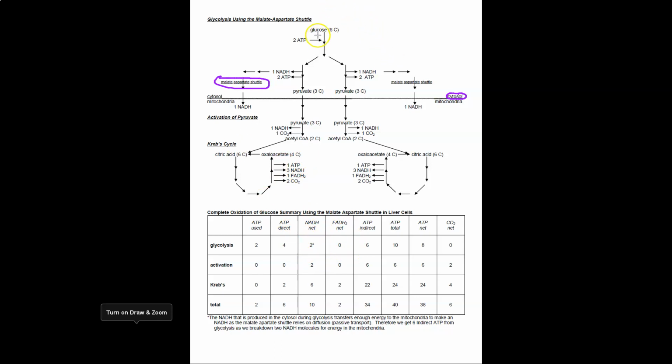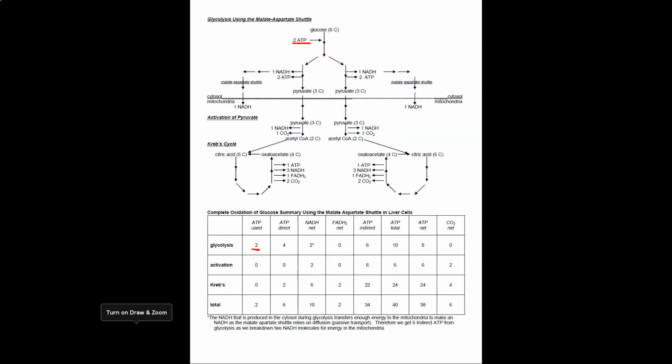So when I do a summary, right, we'll use different colors. So let's start here. My 2 ATP used. We'll make that a red, right? So here's my 2 ATP used. Here's my 2 ATP used, right? The NADHs that we make here, right, in glycolysis get transferred over as NADHs.